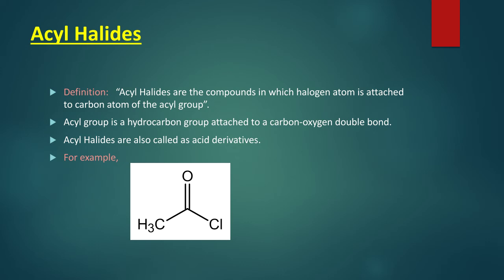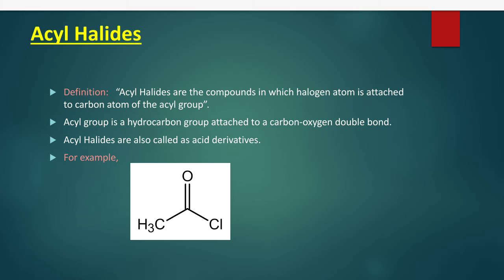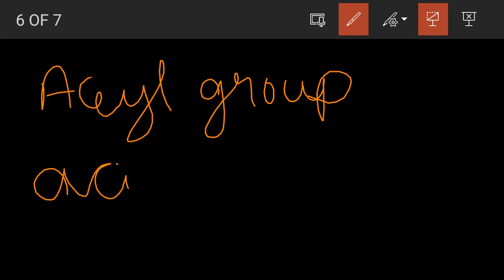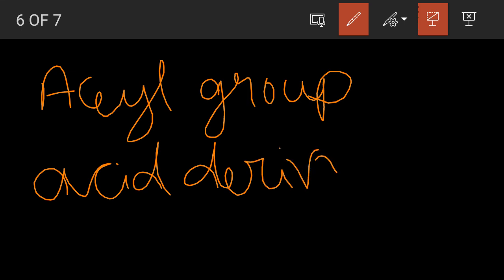Now the third point is acyl halides. Acyl halides are derivatives of carboxylic acids. They are also called acid derivatives.